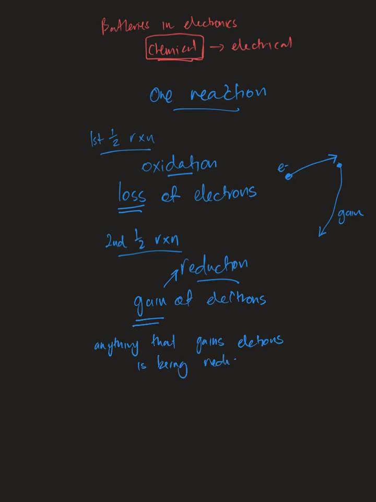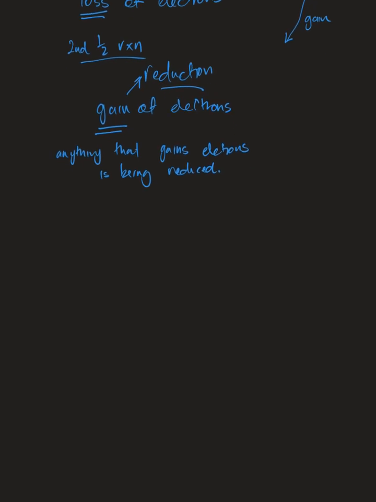And we'll look at that in a little bit more detail as the videos go on. Another thing, these oxidation and reduction reactions happen simultaneously. Simultaneously means they happen at the same time.